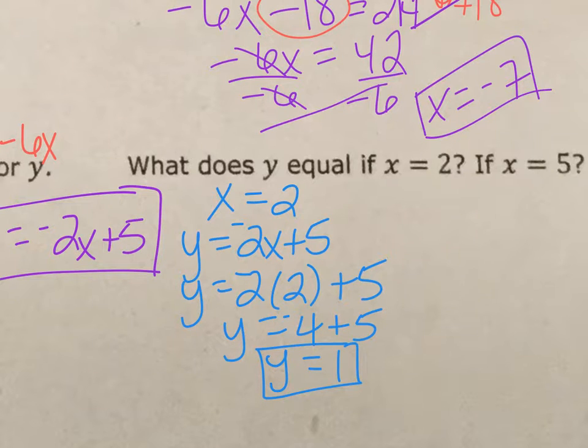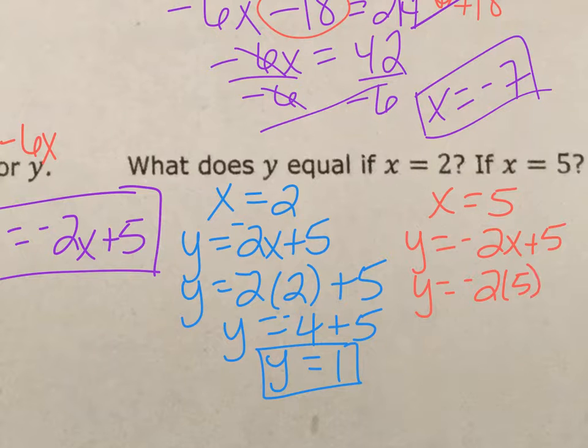Okay, and then they want to know what if x equals 5. Well, our equation is negative 2x plus 5. We put a 5 in for x, negative 2 times 5 plus 5, and then just do the arithmetic there. Negative 2 times 5, negative 10.